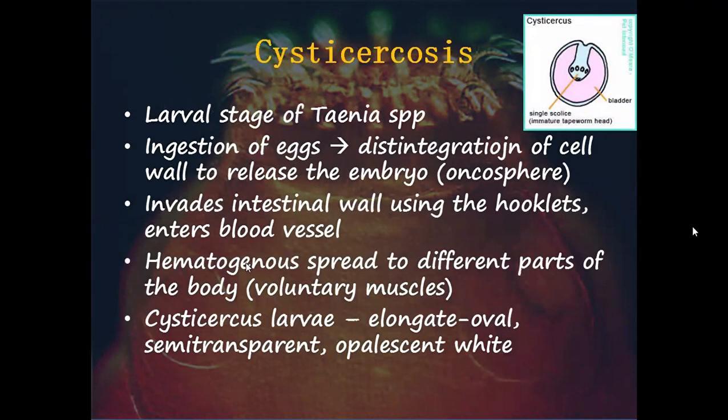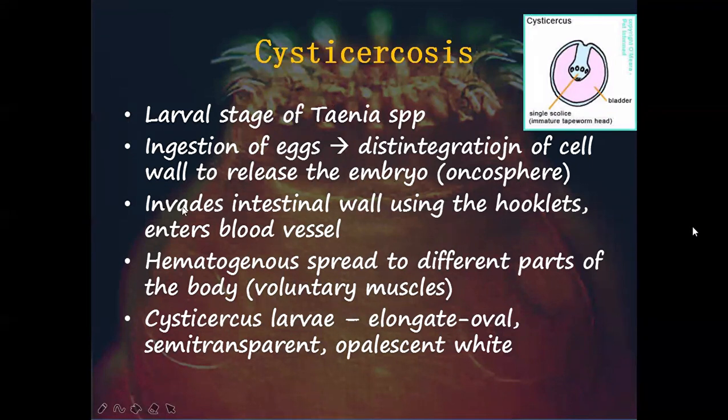So now we go to cysticercosis. Cysticercosis is where a human will serve as the intermediate host for T. solium or other stages or other species of the Taenia. So what happens? Humans ingest the eggs. Once ingested, there is the disintegration of the cell wall to release the oncosphere.